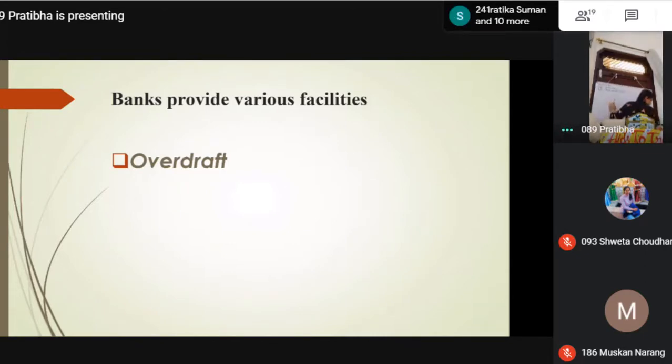Suppose a person has a current account in the bank, and in his current account he has rupees 20,000. But the bank has given him a facility to withdraw money up to rupees 25,000.